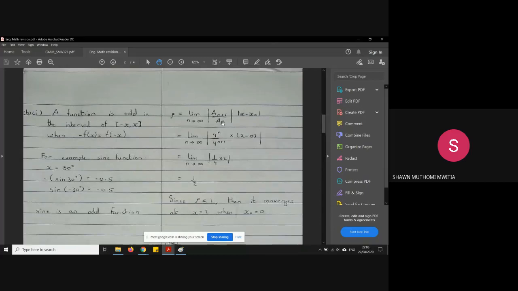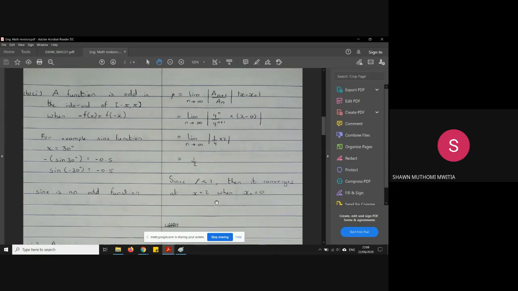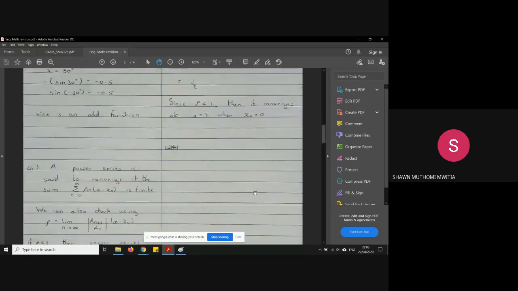So rho is equal to, it's just straightforward, just substituting in the values. So you'll get that rho equals 1/2, which is less than 1. Therefore, this power series converges at x equals 2 when x naught equals 0. So you've answered the question just like that.